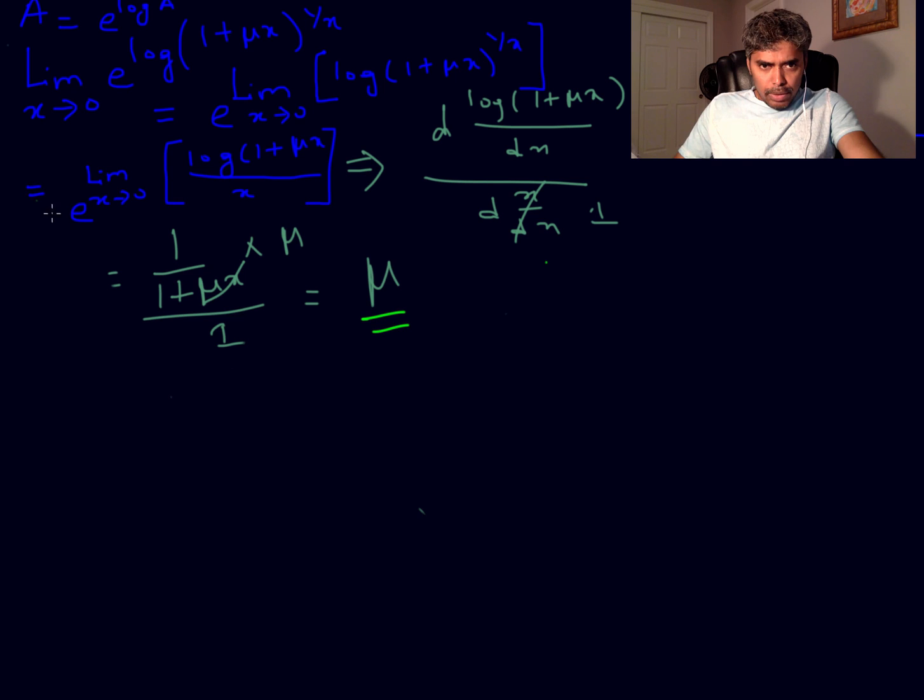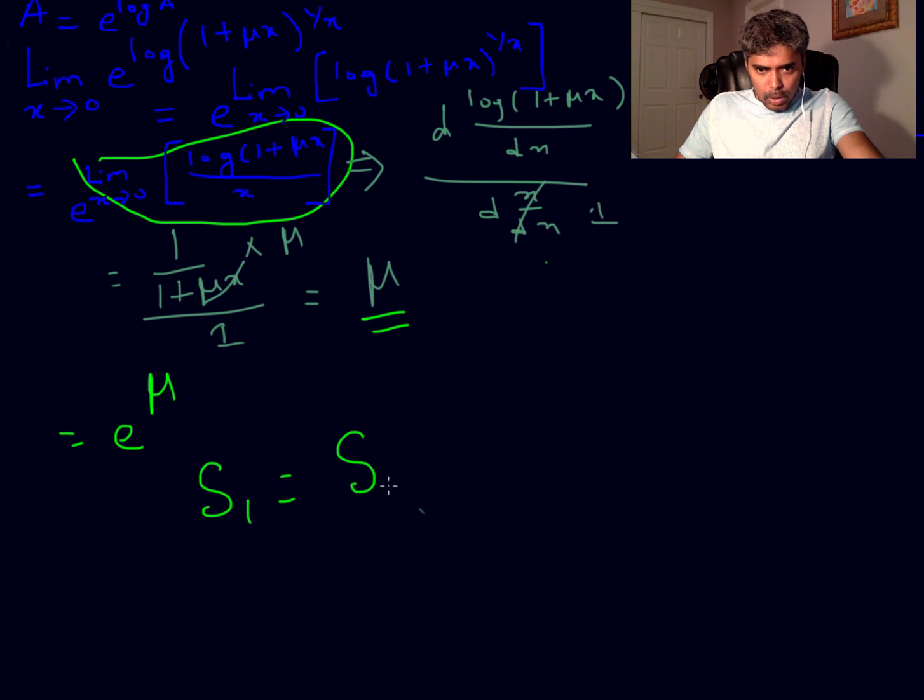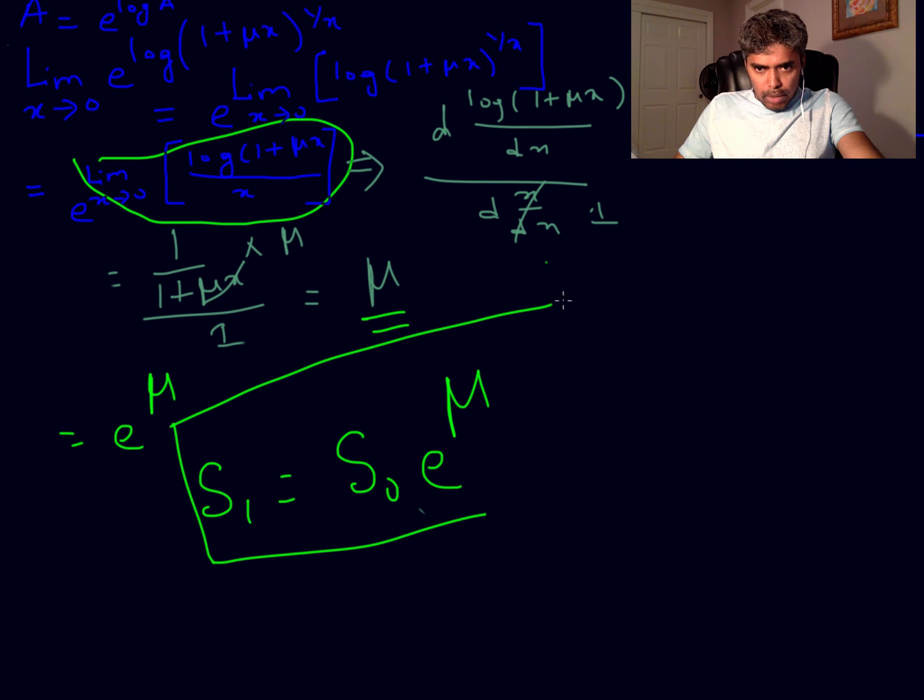So now this term becomes mu. Now that is equal to e to the power mu. So now the S1 has become S0 times e to the power mu. So this is the general form of continuous compound interest.